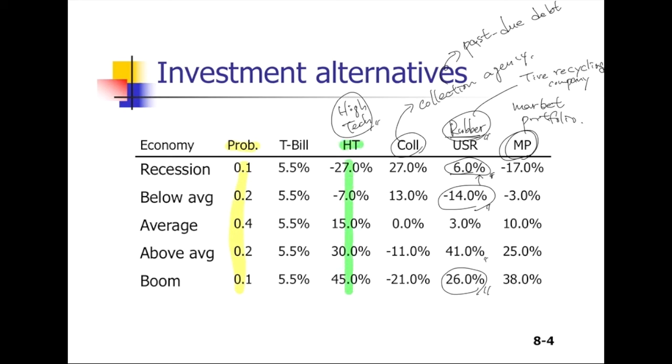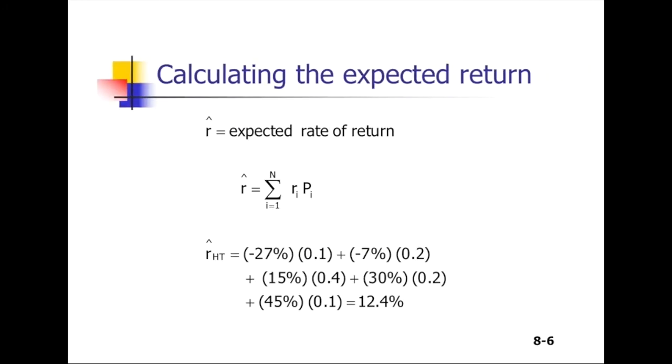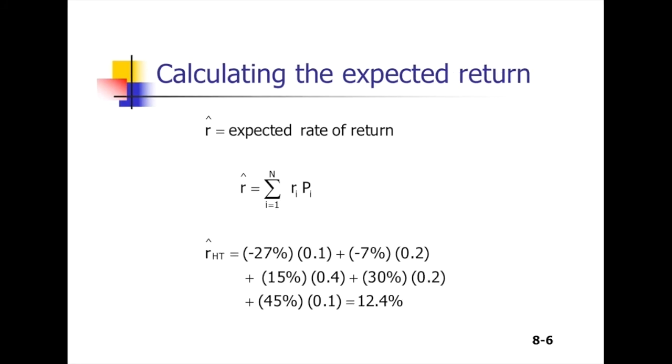In the recession, you multiply the probability of 0.1 times minus 27. Then you calculate each state and sum them, and that is 12.4%. So the expected return of the high-tech company is 12.4%.